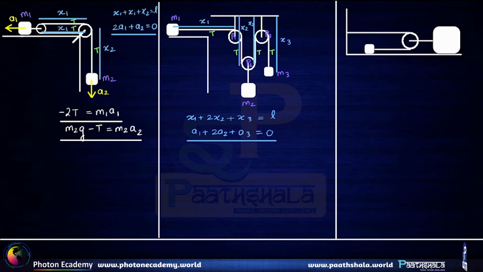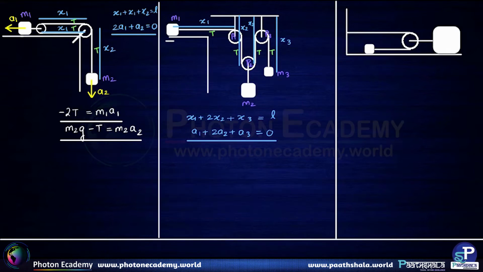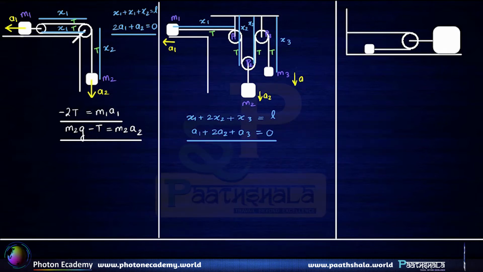Now for the other two equations, for the mass m1, we have to assume that the acceleration is in the leftward direction. So the acceleration over here for mass m1 is in the leftward direction. This is a1. For mass m2, a2 is down below, and for mass m3, a3 is down below as well. So for the mass m1, we may write down the equation minus t is equal to m1 a1.